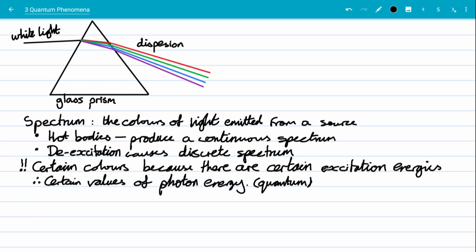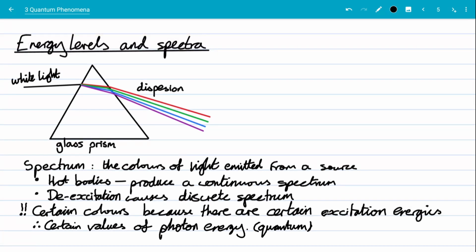Okay, so we need to have a little bit of understanding about this spectrum. We could talk about the rough wavelengths of these colors. Red is somewhere a little bit less than 700 nanometers. That's the extreme end of red.